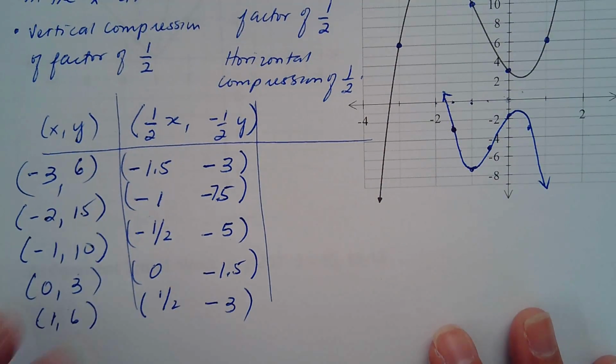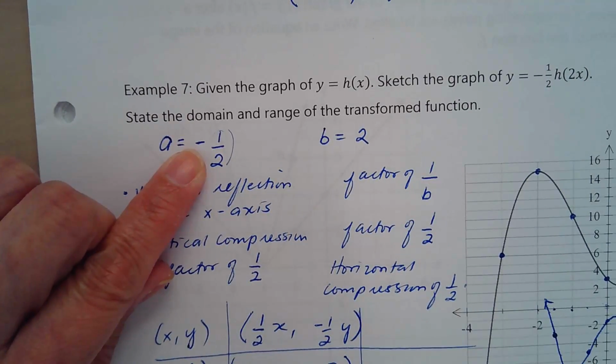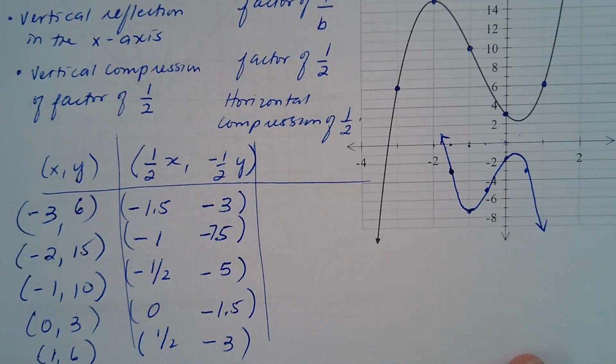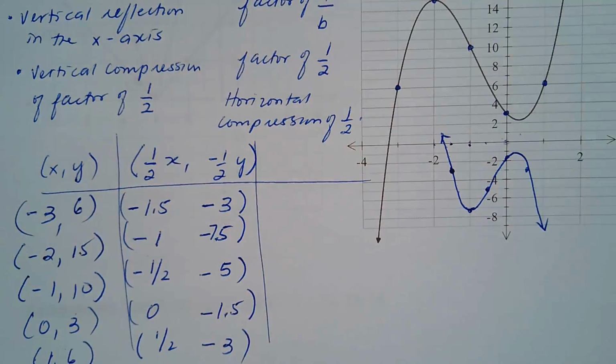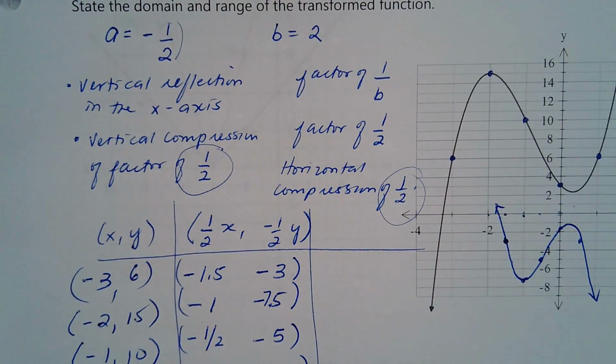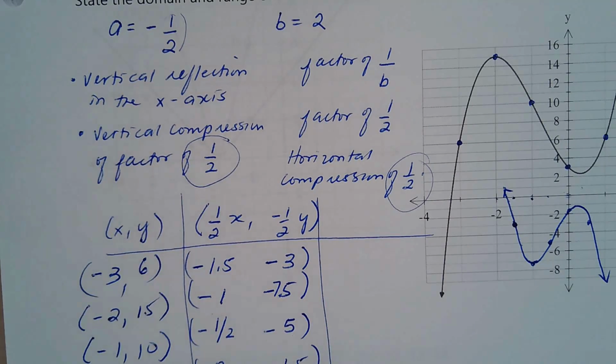It flips it because of the a being negative, vertically flips it, so it's like a mirror. And it got compressed because everything is multiplied by a half. If everything is multiplied by half, it gets smaller, so it gets compressed.